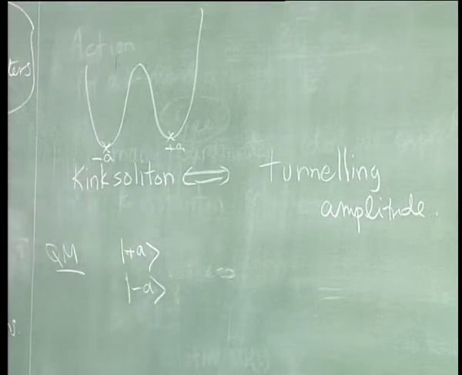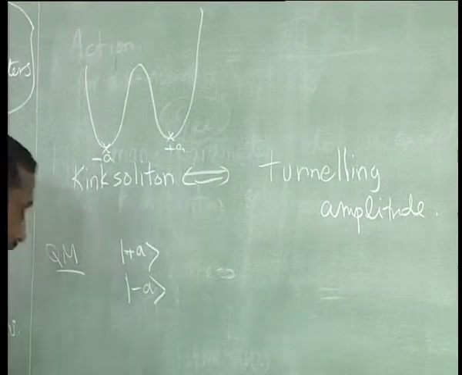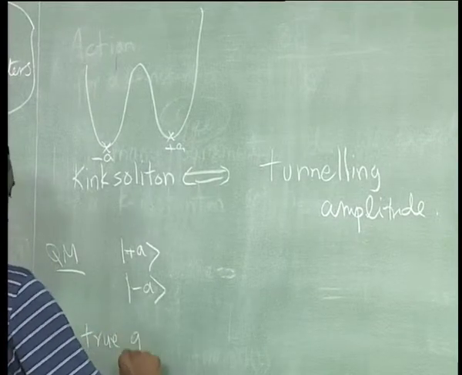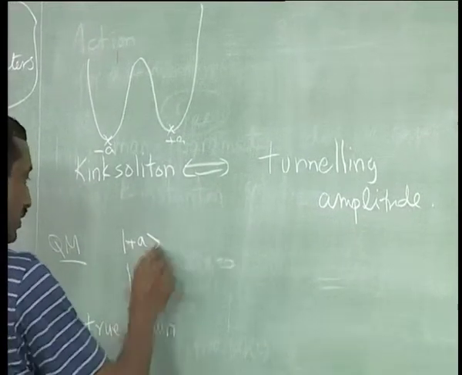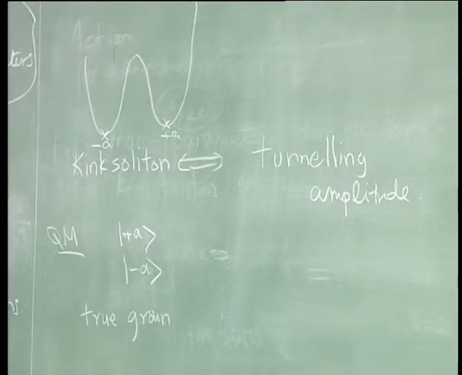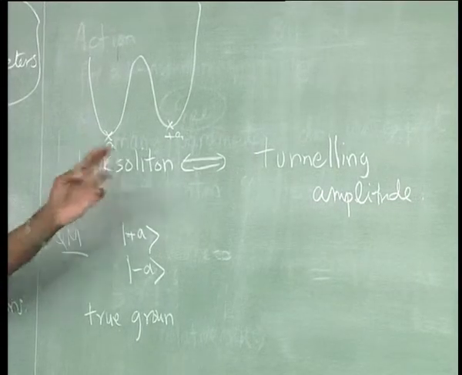This is a solution which is localized at plus a, and the other one is localized at minus a. Classically this is capturing what we would have done classically. It has 2 ground states, one at x equal to minus a.